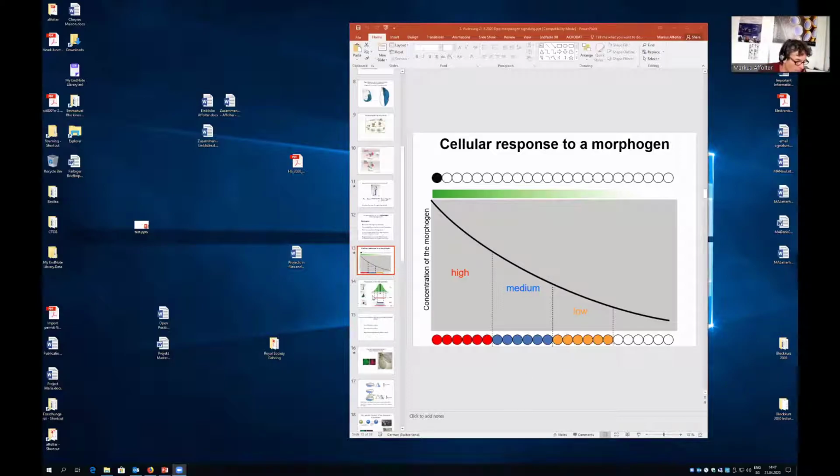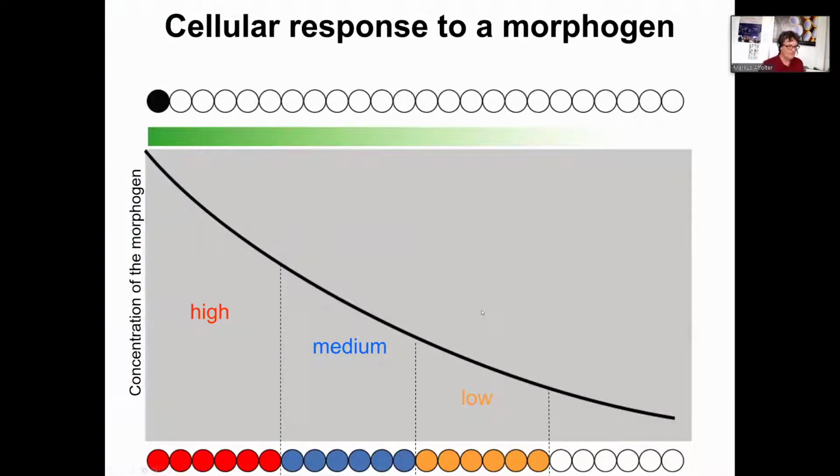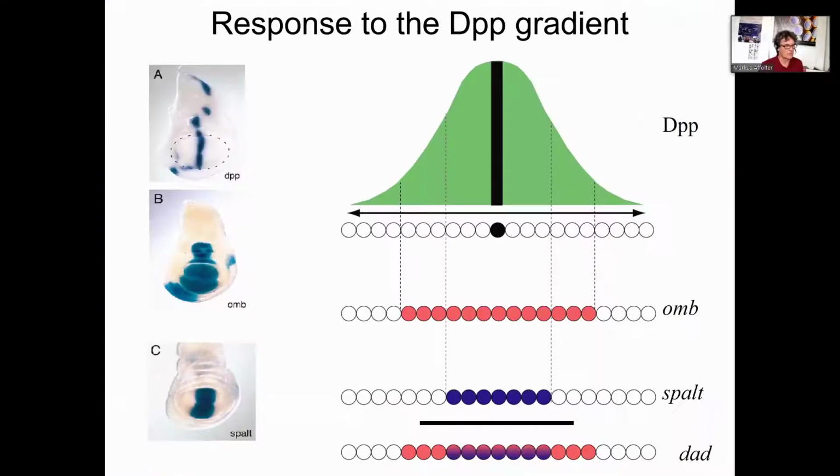In order to investigate that, we of course needed genes that have these expression patterns, high, medium, low. And very early on, there were two genes that were identified by enhancer trapping. One was called SPALT, another was called OMB. You can see SPALT is not so broadly expressed.